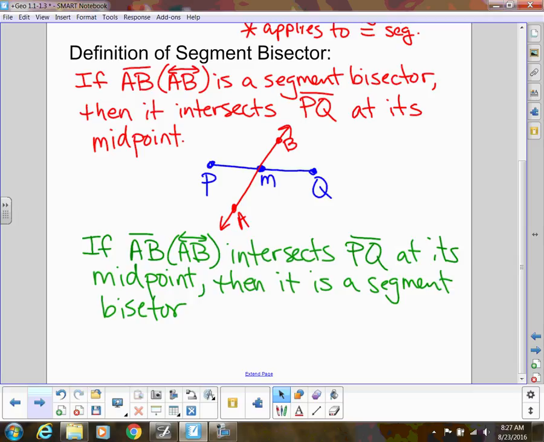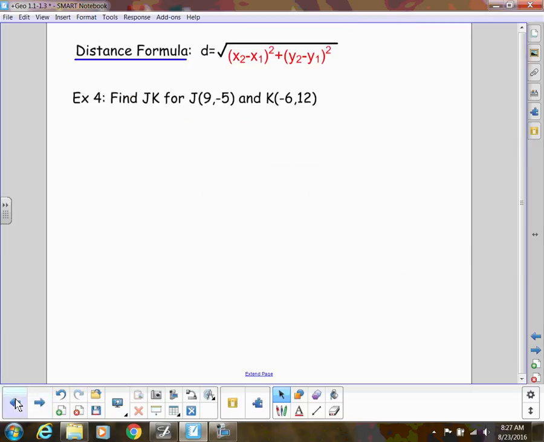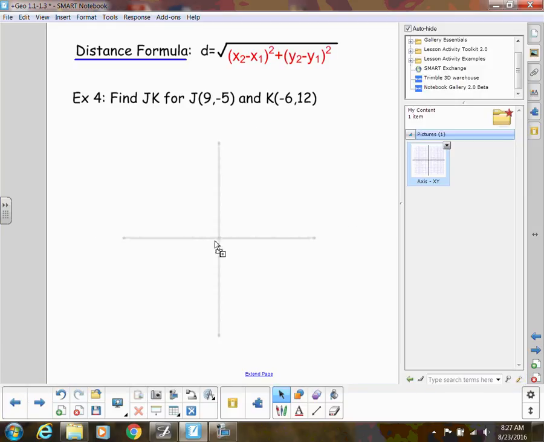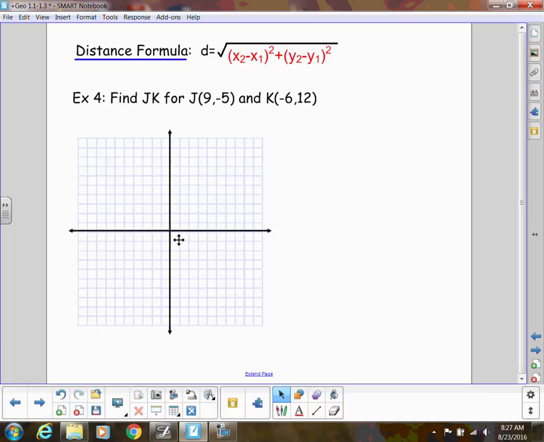All right, going back, I did miss one thing in our notes that I wanted to make sure we got. So distance formula, I know you've seen this before. That is a formula that we use to find the distance between 2 points on a coordinate plane. Again, I'm going to show you 2 ways. I'll use the formula first.